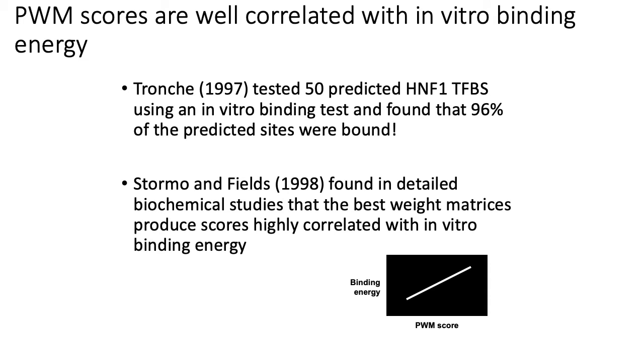And so lots of people have done studies trying to measure the correlation between the predicted likelihood of binding via the PWM scores and the actual binding observed in vitro, and found that by and large there's pretty decent correlation between the predicted and actual binding of TFs to DNA.